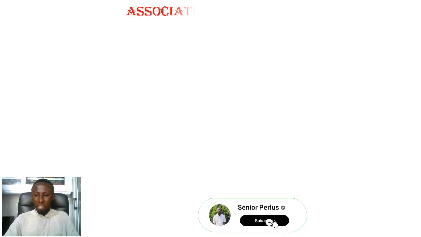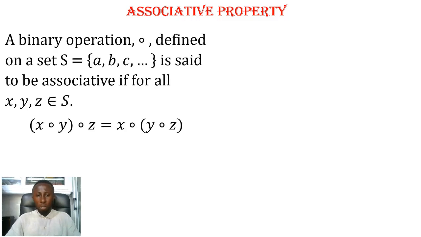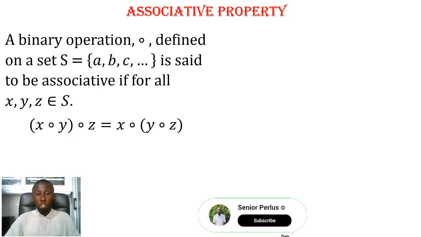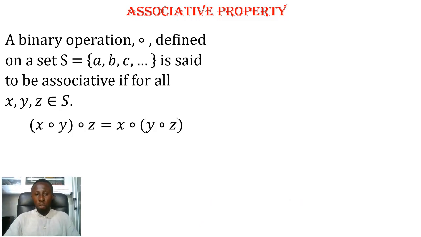Our next property is the associative property. This one says a binary operation O defined on a set S is said to be associative if for all x, y, z belonging to S. So here is x, y, z, that's what you pick.